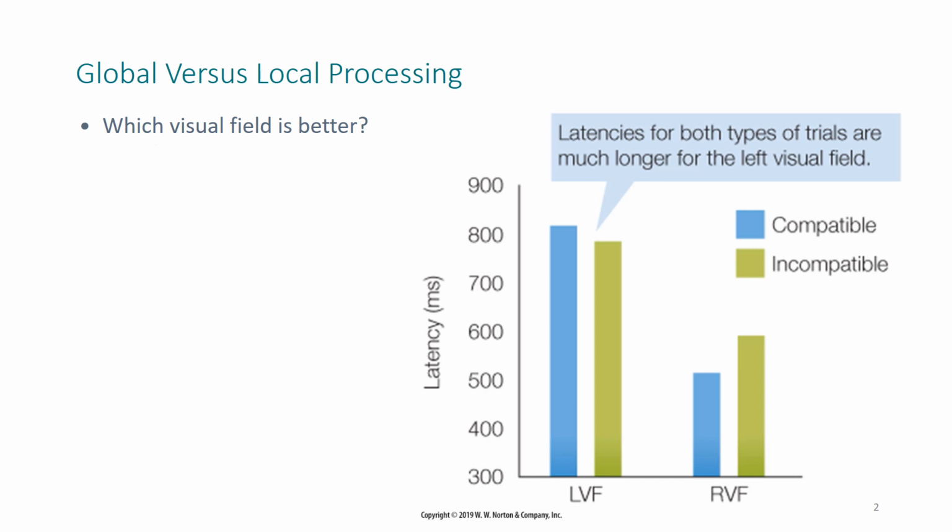So which visual field is better? We want to test which one. Is the right visual field better or the left? This column you see here is the latency in milliseconds.